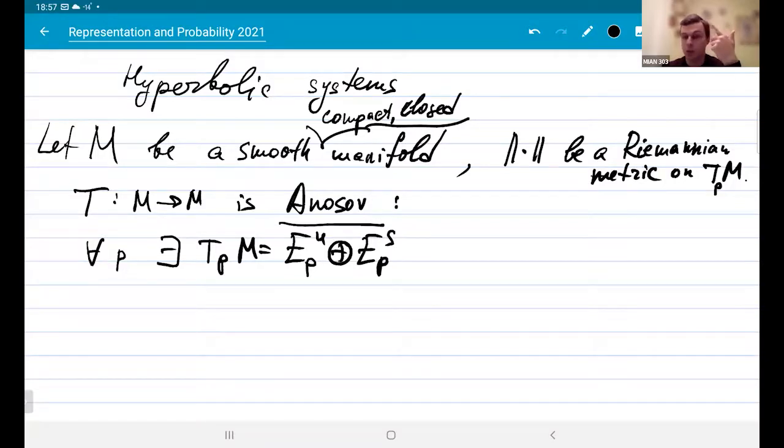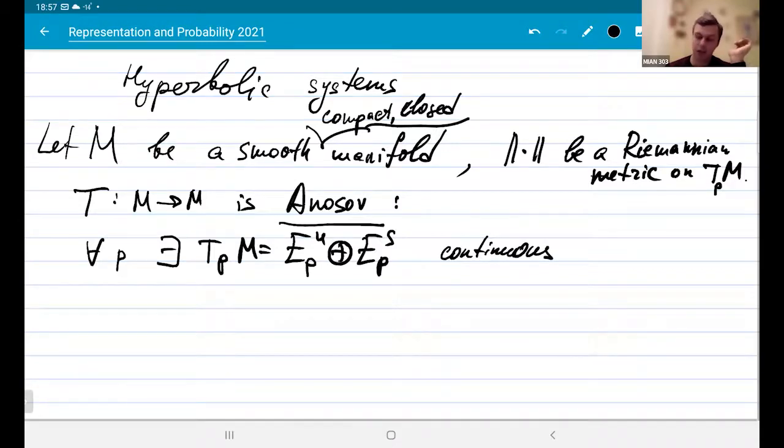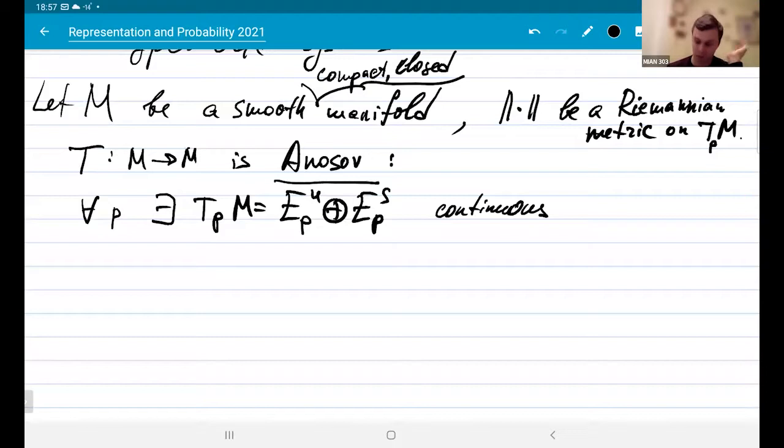And EU is an unstable eigenspace that corresponds to the unstable eigenvalue, that is the one which is larger than 1 by absolute value. And let's assume that this decomposition is continuous. In fact, again, this can be relaxed somehow, but nevertheless.